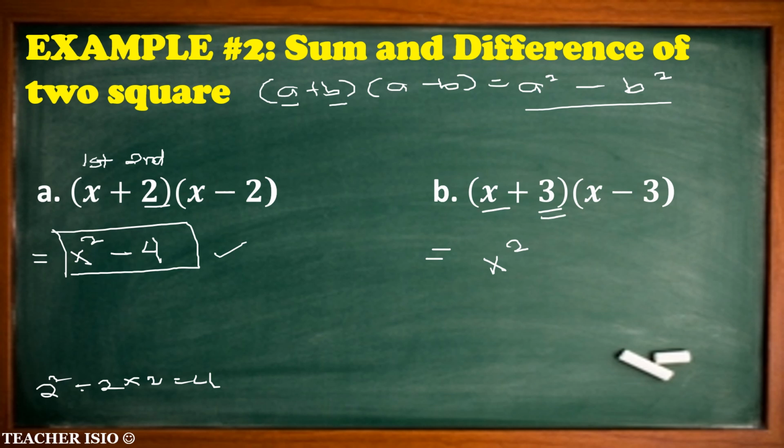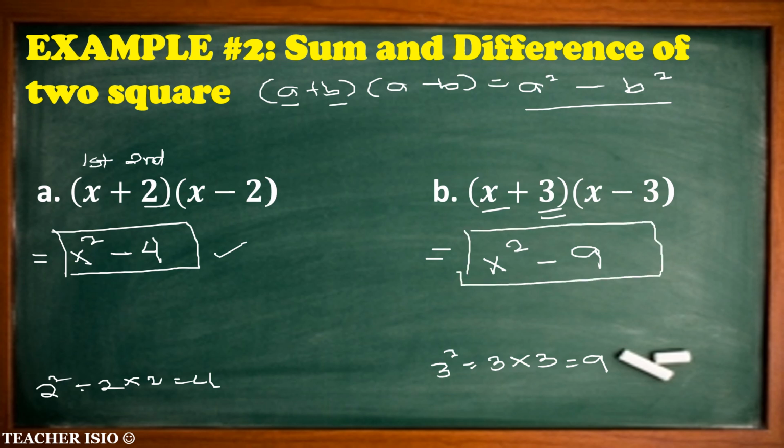Square the second term, which is 3. So, if we have 3 squared, it means 3 times 3. So, what is 3 times 3? We have 9. And then use the operation of subtraction. Therefore, if we have x plus 3 times x minus 3, the answer is x squared minus 9.